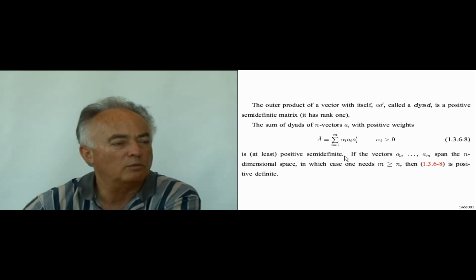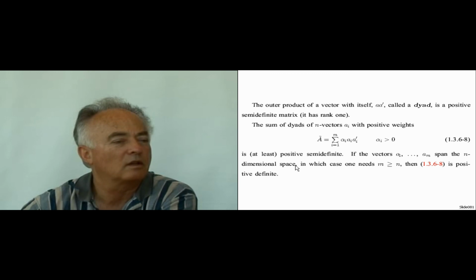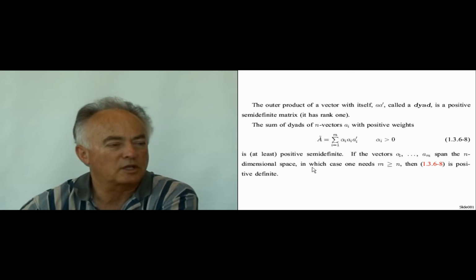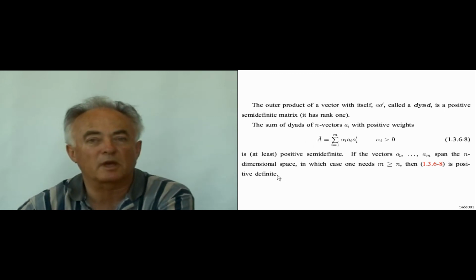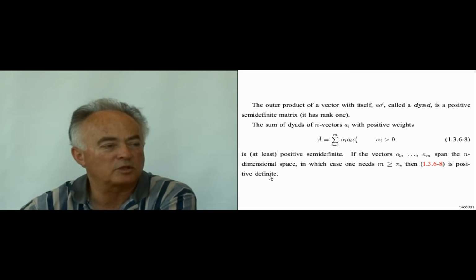So what you end up with here is a sum of a bunch of positive semi-definite matrices, and if these m vectors we have span the n-dimensional space, obviously you need at least n such vectors or more, then our expression A tilde is positive definite. So if you have enough vectors to span the space and all these scalars alpha_i are positive, the resulting matrix is positive definite.